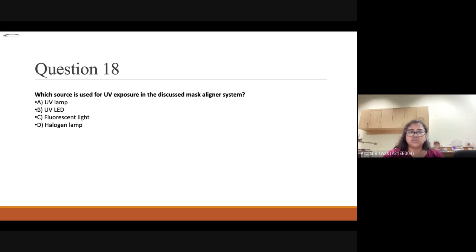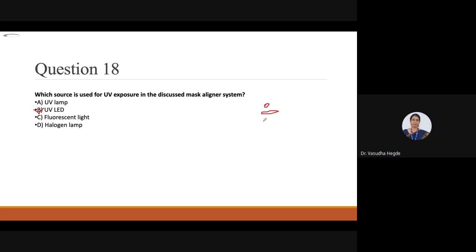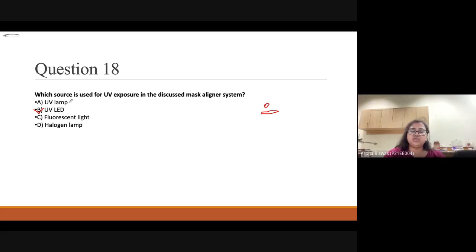No. The right option is option B. Here the UV LED is used for the UV exposure, and then we use the mask. What is the difference between UV LED and UV lamp? Previously the UV lamp was used, but now it is the advanced system people use, that's why we go for the LED.